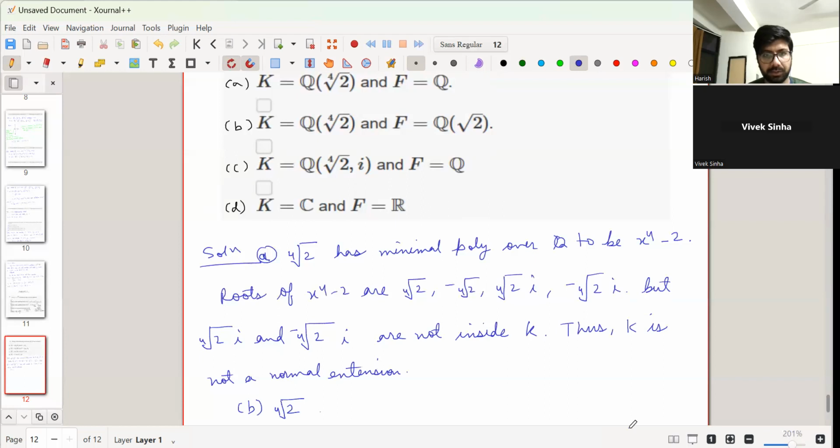So this has minimal polynomial over Q adjoined root 2 equal to x^2 minus root 2, because root 2 is inside this field. Earlier root 2 was not inside Q, so we didn't consider this, but now root 2 is inside this. And what are the roots of this?